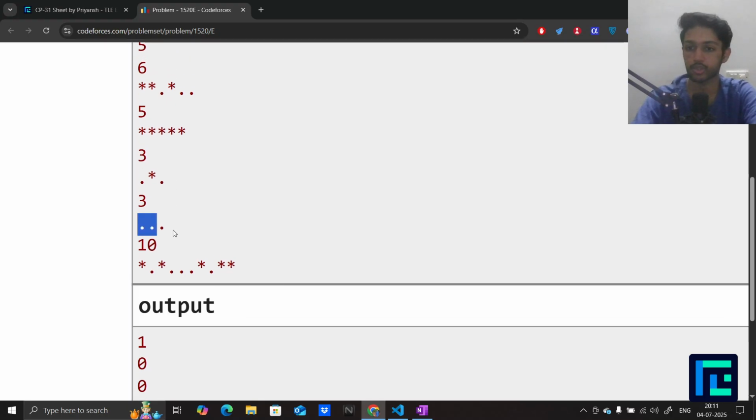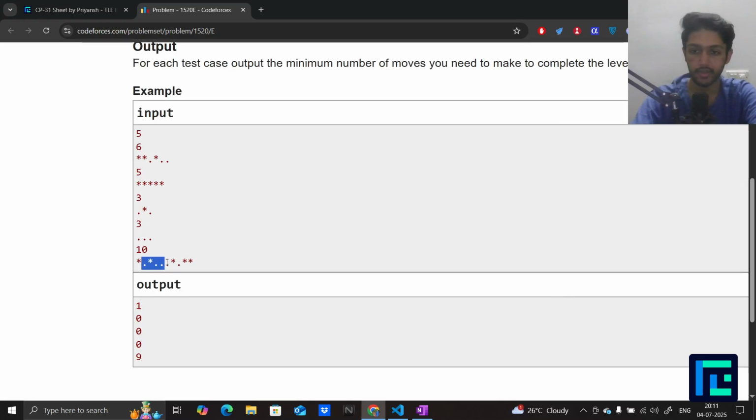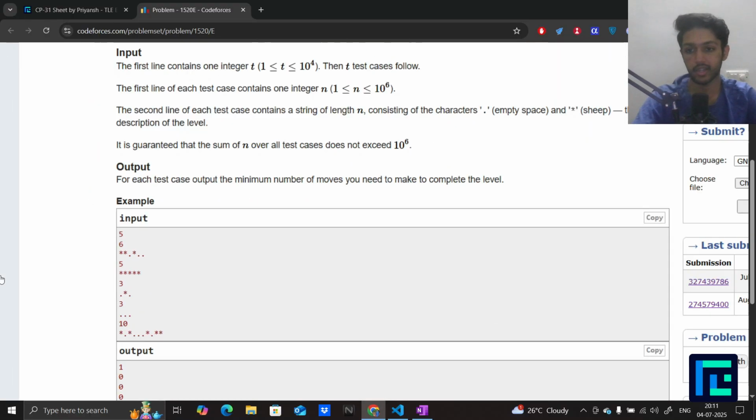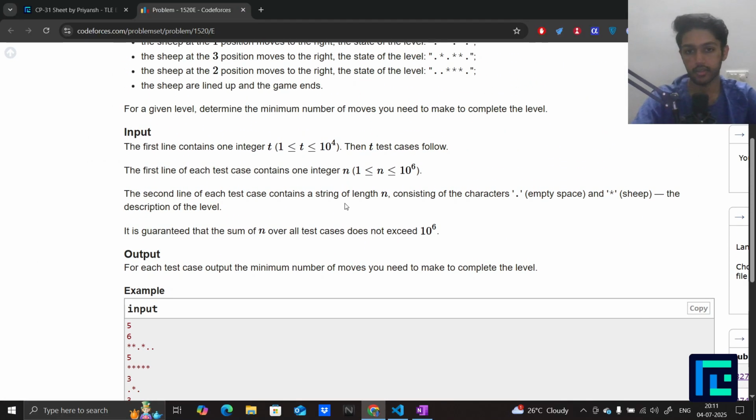And this has no sheep, so it is 0 again. And the final one, it is 9. Okay, so why it is 9 I'll show you later. For now the samples are like this, and the constraints on n are up to 10 to the power 6, right?